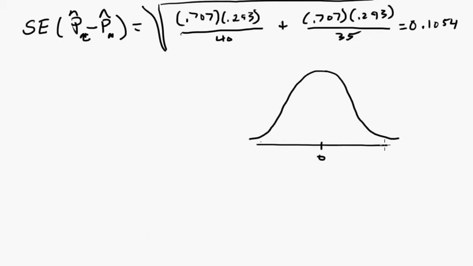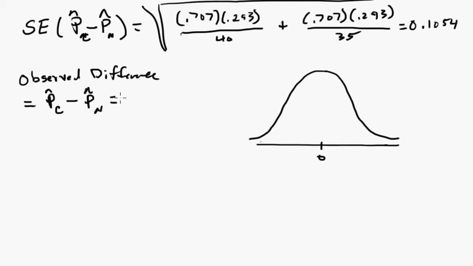And so now the question is, we want to compare our observed value, the observed difference. Let's call it p hat C, using the acid, minus p hat N. What were those proportions?